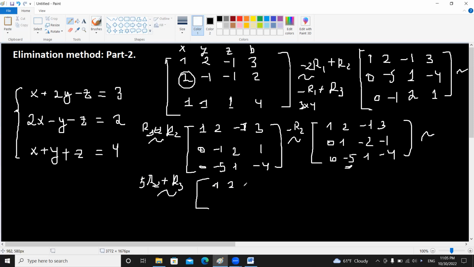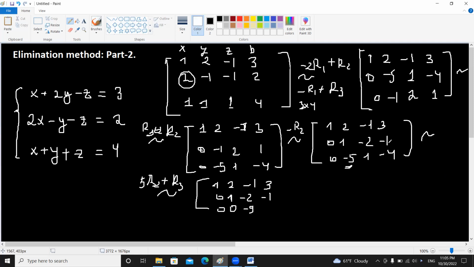Let's see what we get here. Again, 1, 2, -1, 3, 0, 1, -2, -1. So 0, 0. So we multiplied by 5, I would like to remind you. So -5 plus 5 is 0. 5 times -2 is -10 plus 1 is -9.